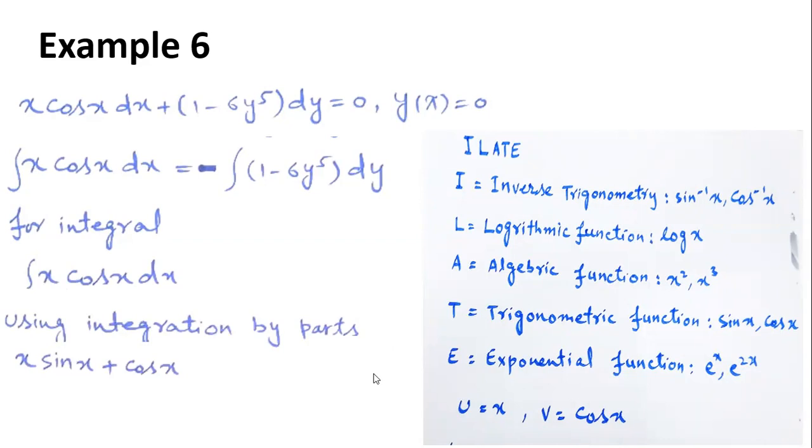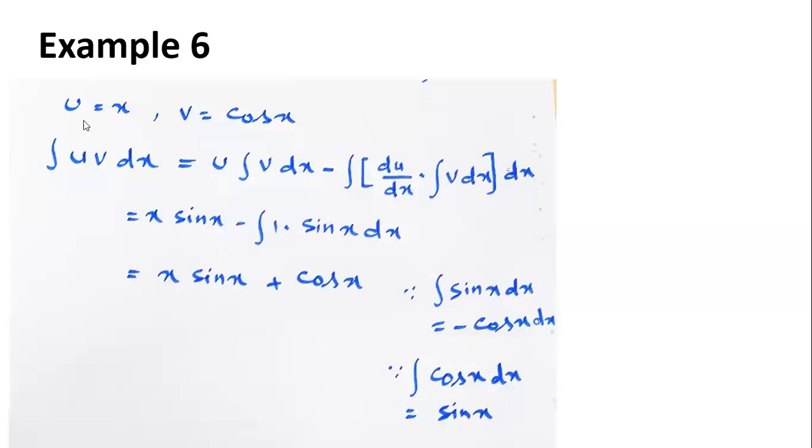So in our case, I'm calling the first function u, second function v. So u is equal to x and v is equal to cos x. Further, if you want to solve it, I'm doing it for you.